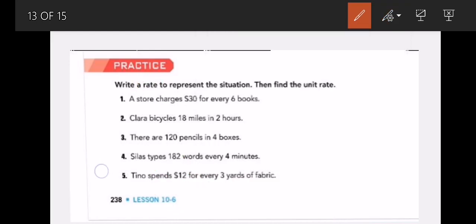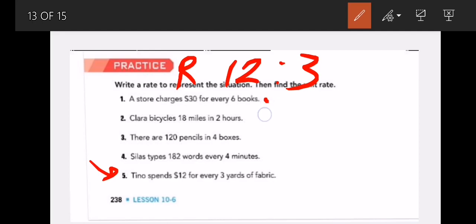For example, I will do number 5. Tino spends $12 for every 3 yards of fabric. First, I want to write the rate. The rate is ready in front of you, 12 to 3. What about the unit rate? It means what to 1. 1 multiplied by 12 is 12, divided by 3 will give me 4. For what?